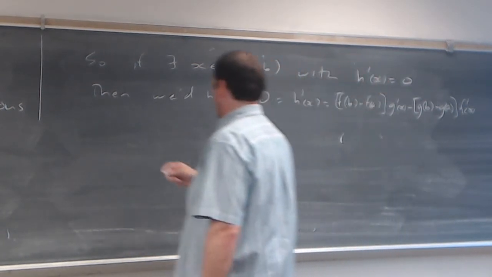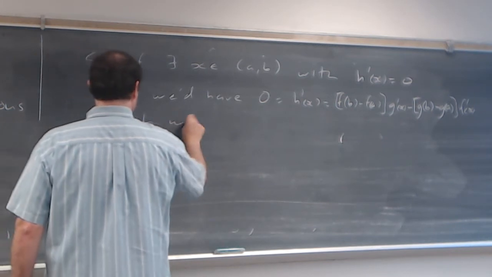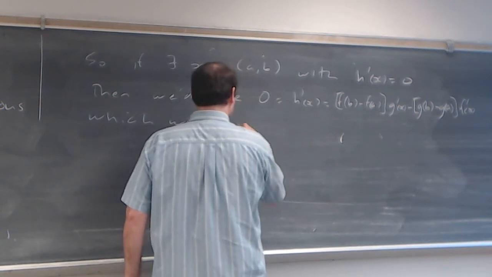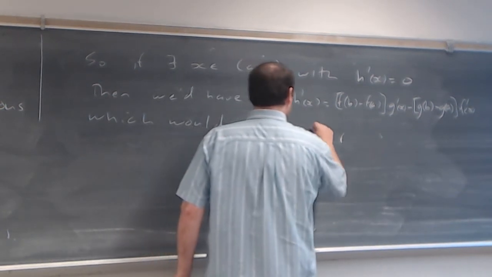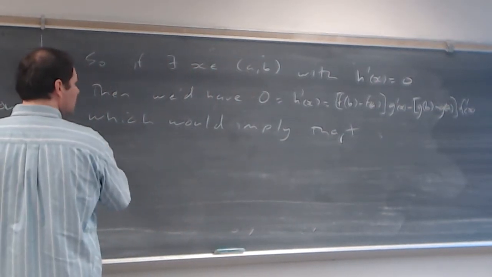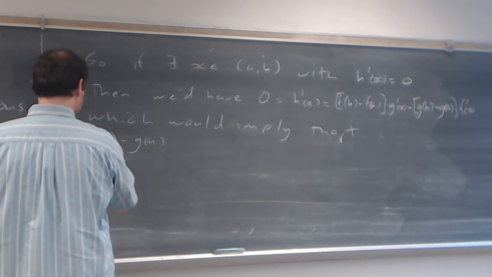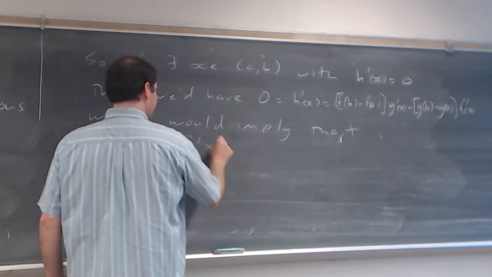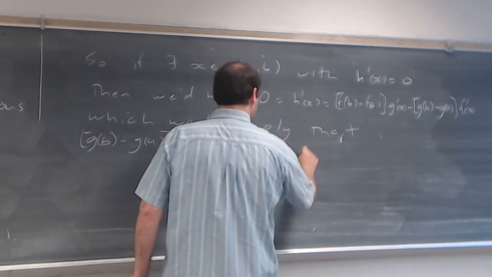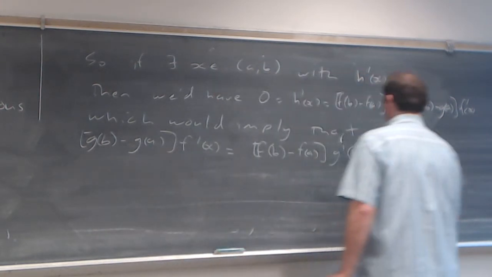So if I pull this to the other side, that would imply that g(b) minus g(a) times f prime of x would be equal to f(b) minus f(a) times g prime of x, which is what we're trying to show.